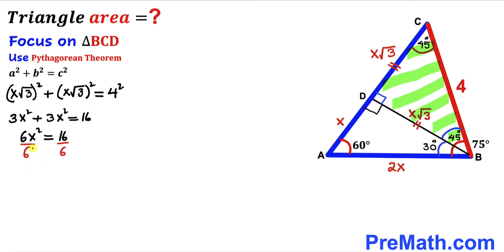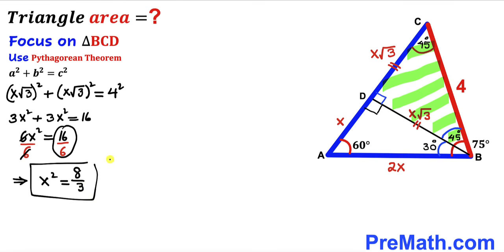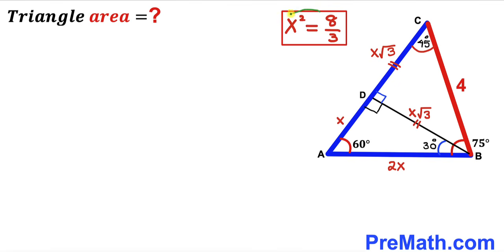Now we are going to divide both sides by 6 to isolate x squared. This 6 and 6 is gone, so our x squared value, if we reduce the right hand side, is 8 divided by 3. Thus our x squared value turns out to be 8 divided by 3.